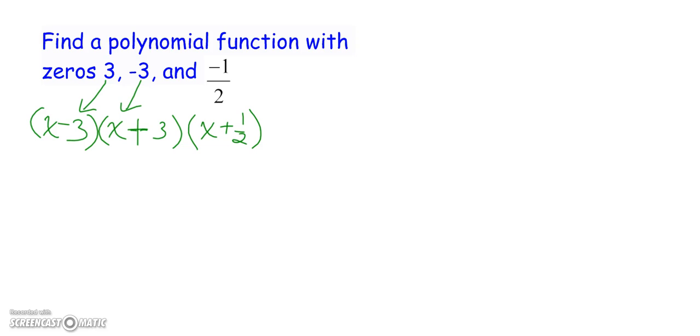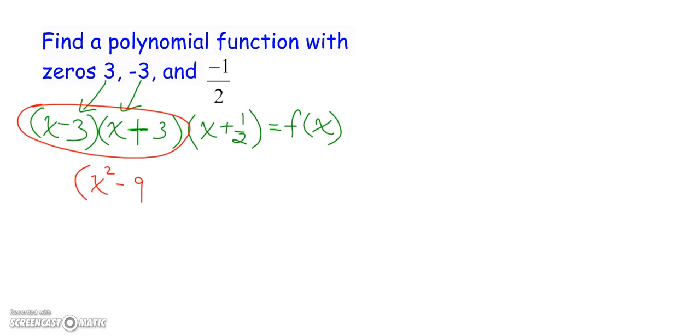All right. This essentially now is a polynomial function, but I'm more concerned with what all the coefficients are. The way we're going to find that is we're going to FOIL all this out. The first two right here are extremely easy to FOIL because they're a difference of two squares. I hope you recognize that that's going to be x squared minus 9. And then all I have to do is FOIL it with x plus 1/2.